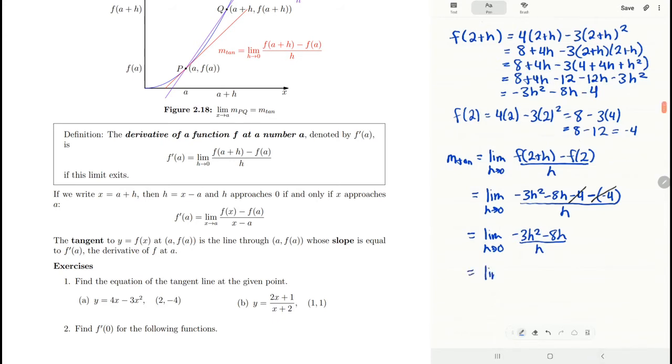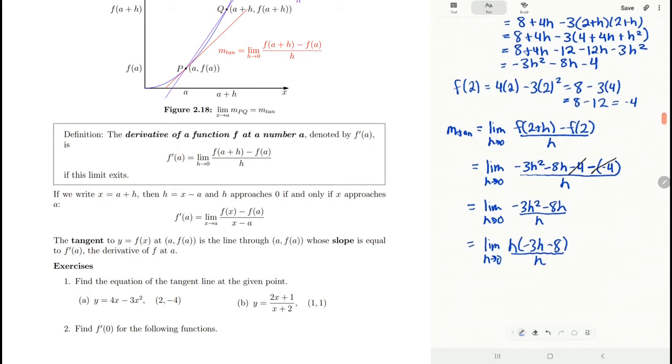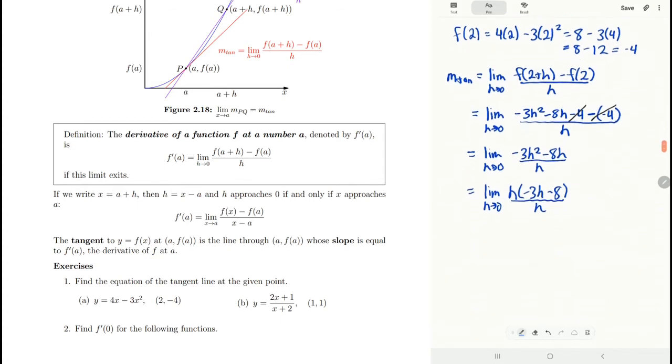We can factor an h from the numerator, which leaves us with h times (negative 3h minus 8) all divided by h. Now we can simplify by canceling the h.